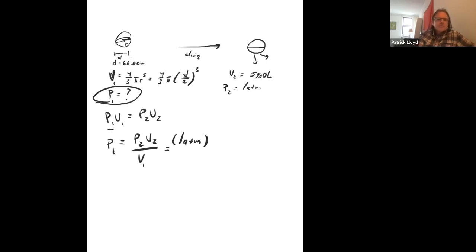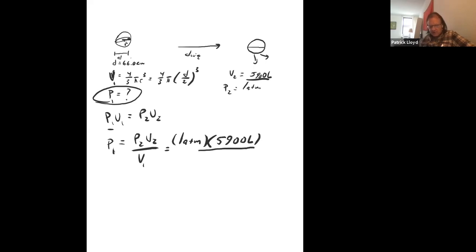In the answer they might tell you what units they want. Looks like it's atmospheres. Okay, that's good. So we'll just put it in atmospheres. So P2 is 1 atmosphere. What's our volume 2? 5,900 liters.